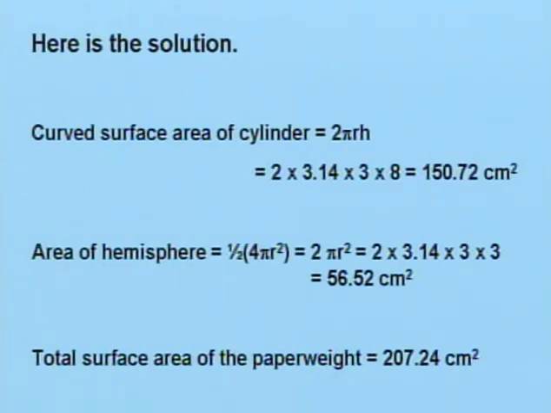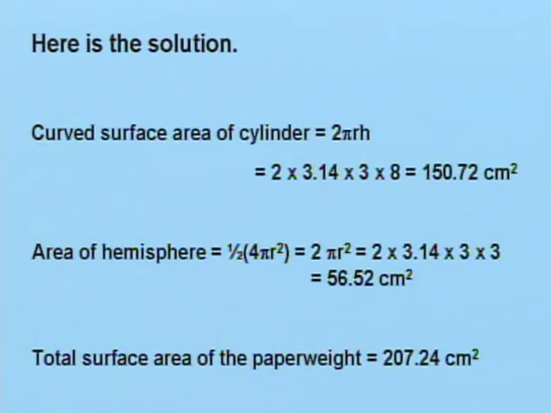The area of the hemisphere is equal to half the area of the sphere. We are told that the area of a sphere is equal to 4 pi r squared. So half of that will give us 2 pi r squared, which is equal to 2 times 3.14 times 3 times 3, and this works out to be 56.52 centimeters squared.